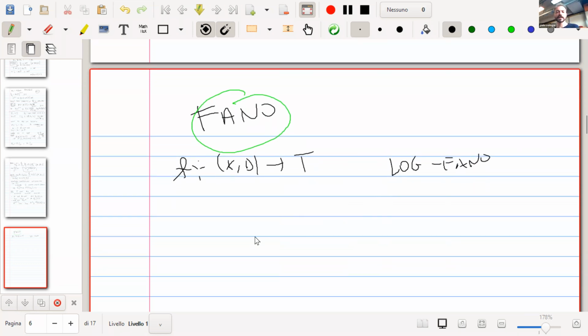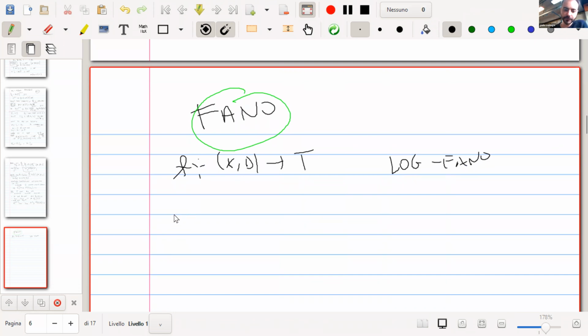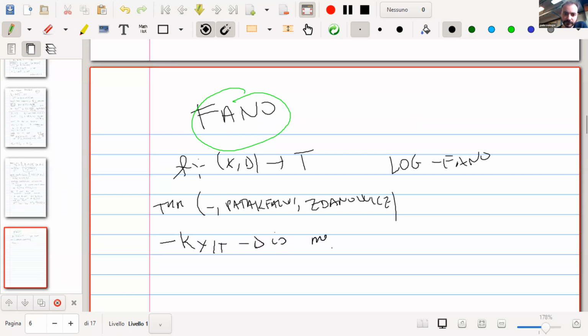Now we have a first result, which is not with Filippo and Luca, but with Zsolt Patakfalvi and Maciek Zdanowicz. We have this result: if minus K X over T minus Delta is ample, then f is locally isotrivial.